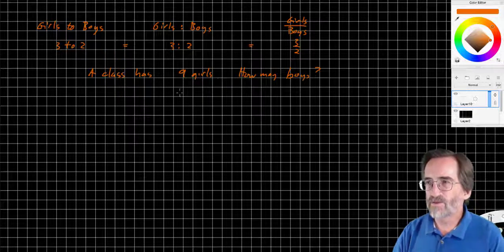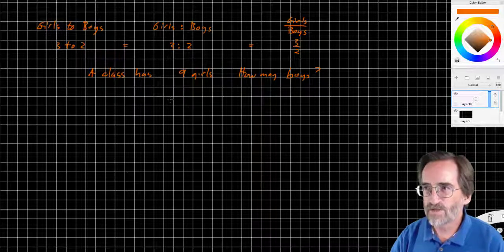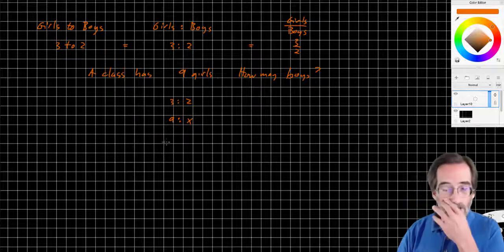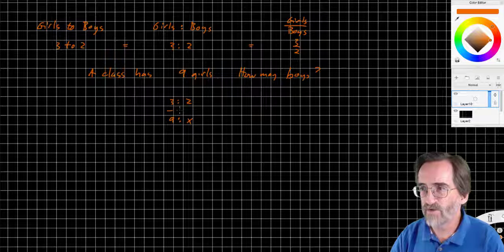I might take the ratio of girls to boys as 3 to 2, and the 9 girls to x boys. And I can write and solve a proportion this way. I can divide straight down: 3 is to 9 as 2 is to x.